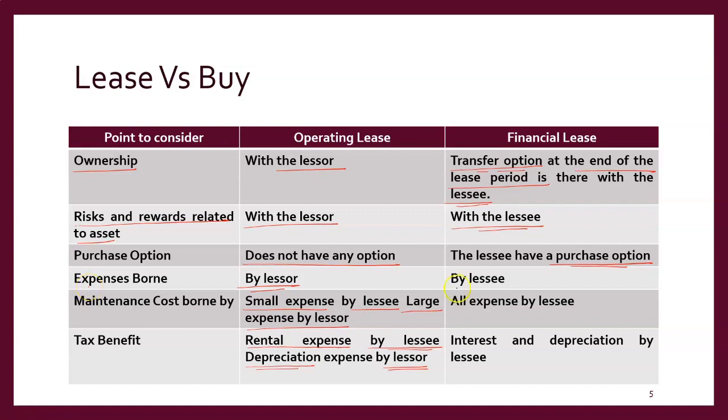All expenses have to be borne by the lessee. Maintenance cost, again, has to be borne by the lessee. Tax benefit: the interest and depreciation generated by the machine will be taken by the lessee. So the lessor does not have any tax benefit.